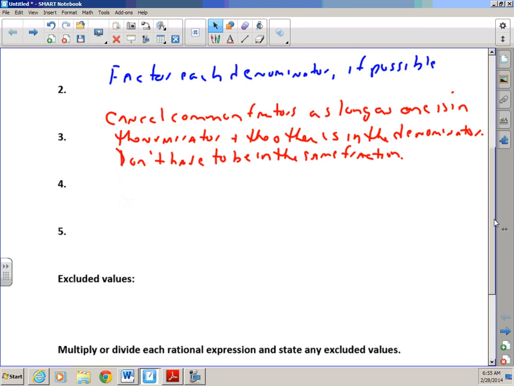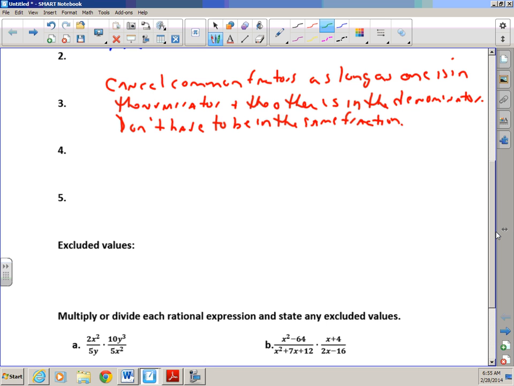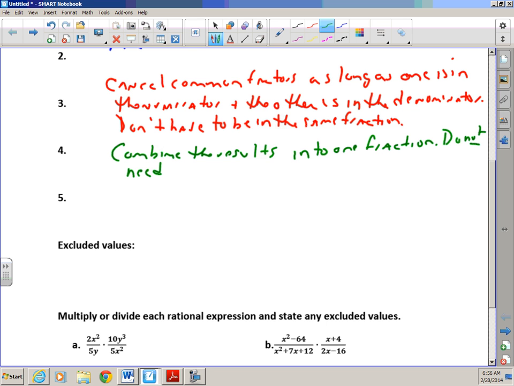Okay, once we've done that, we're going to combine the results into one fraction. We do not need to multiply the binomials or trinomials.